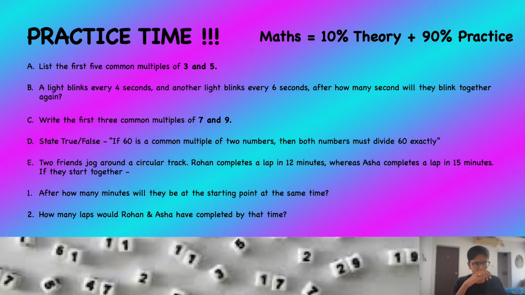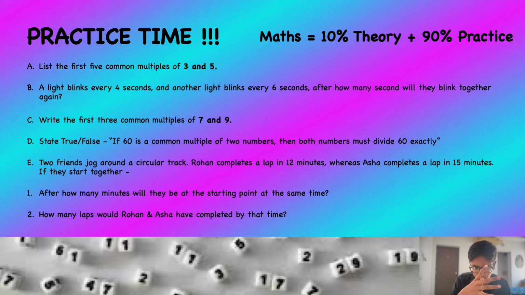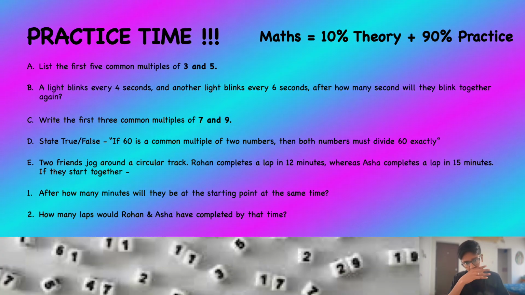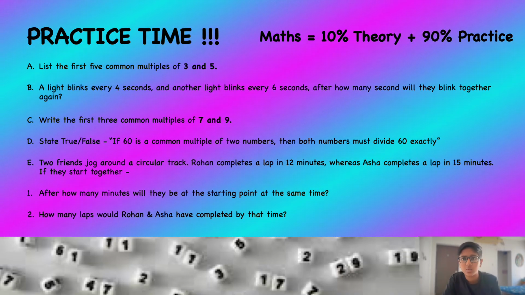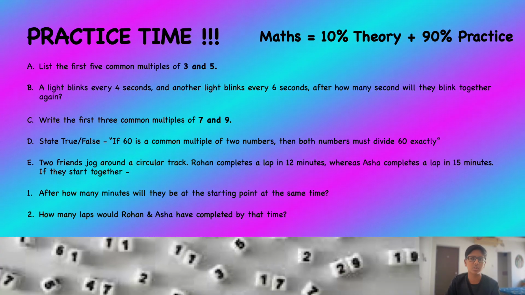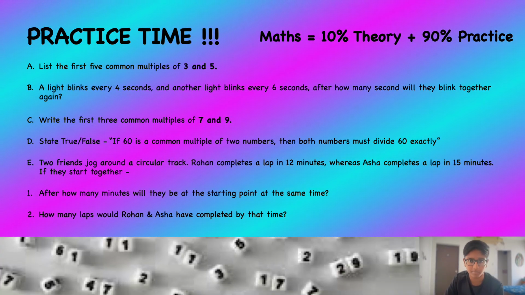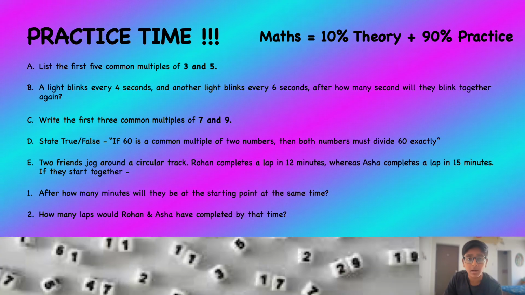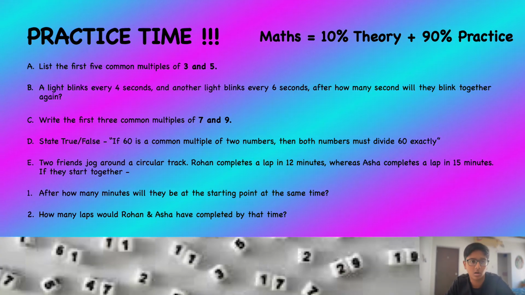I actually forgot to tell you, we can do the product of 3 and 5, and 7 and 9, but it is not applicable for all numbers. Suppose we take 2 and 4. The multiplication list of 2 is 2, 4, 6, 8. So 4 will also come, and after 4, 8 will come. But if we do the multiplication way, then it starts from 8. So that is wrong.